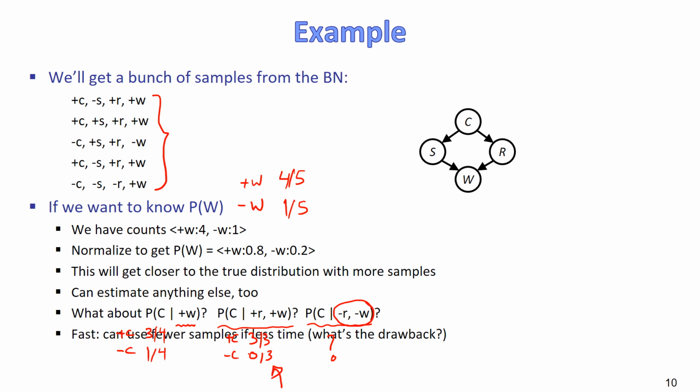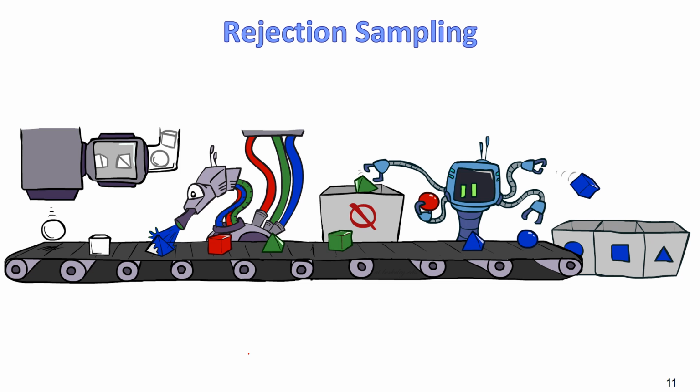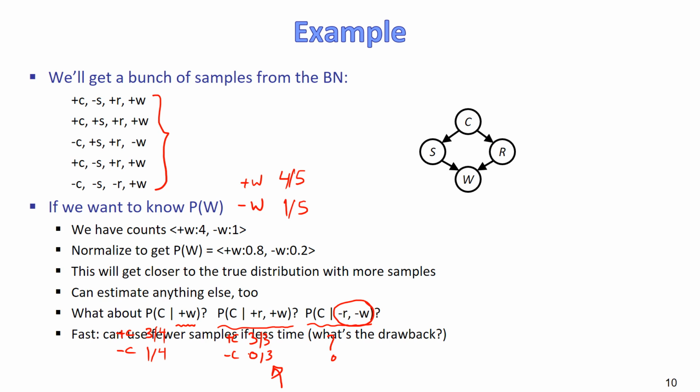Next time, inshallah, we'll see how we can address this drawback using rejection sampling and also weighted sampling. Any question about prior sampling? Of course, the advantage of it is that it is fast, right?